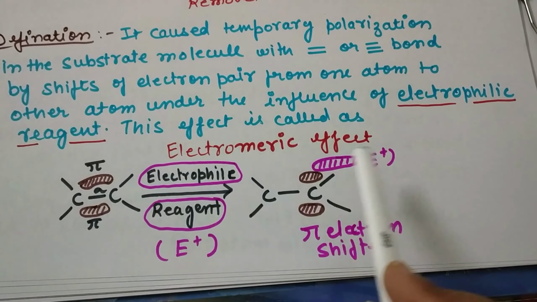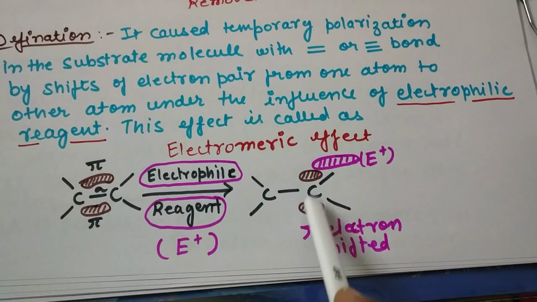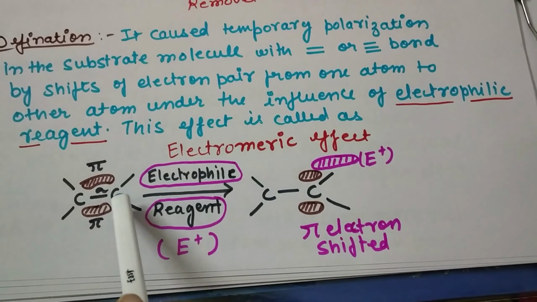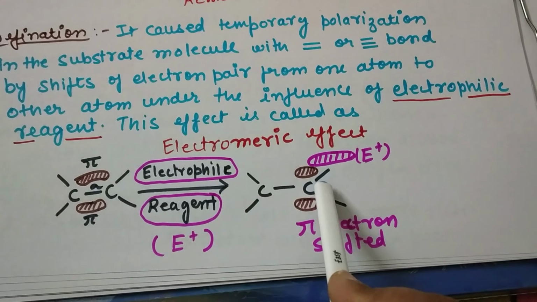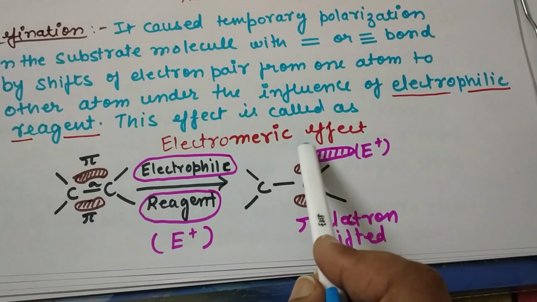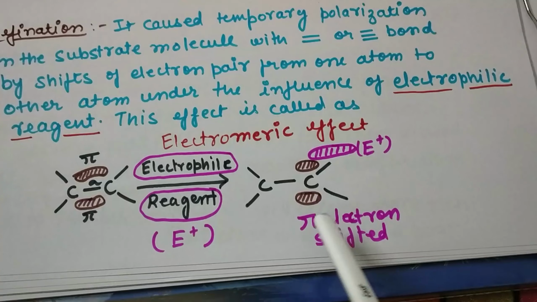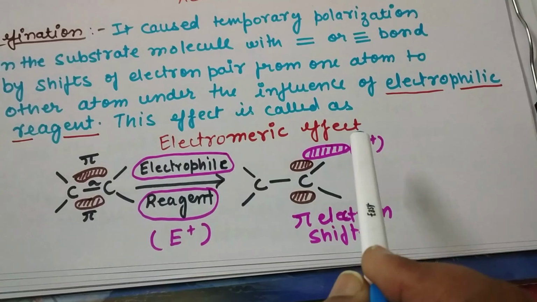The electrophilic reagent, plus E, will attract towards the pi electrons. So these pi electrons are completely shifted to the carbon. Here you can see on this carbon, this is the pi electron, and the electrophile will attract this pi electron. So the pi electrons are shifted, and this is a temporary effect.